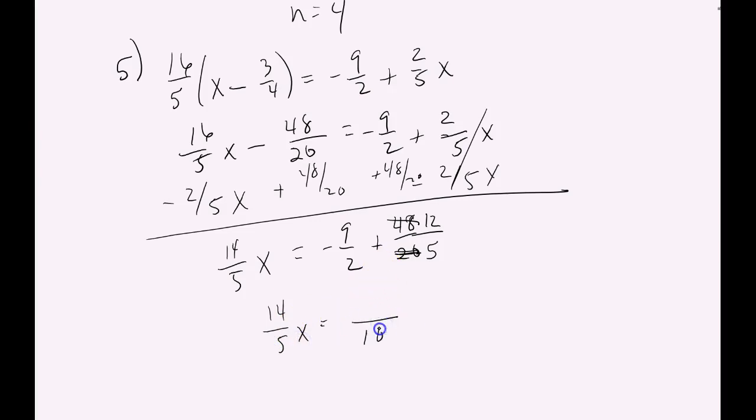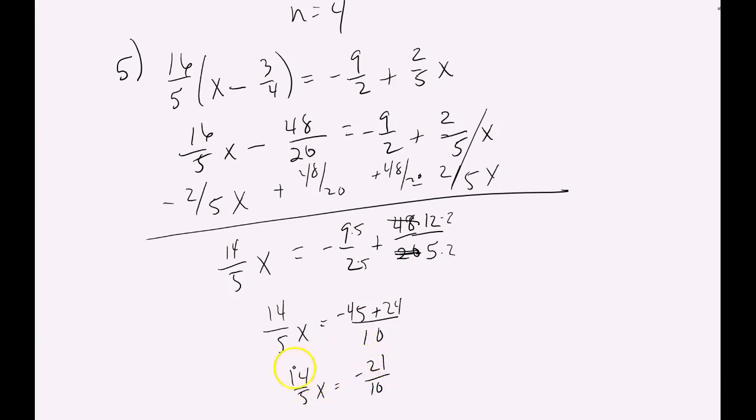So the common denominator is 10, which means I'm doing times 5 times 5. So that's really a negative 45 plus 12 times 2, because I have to multiply the bottom times 2, and that's a 24. So what is negative 45 plus 24? That would be a 21, negative 21. So I've got 14/5 x equals negative 21/10.